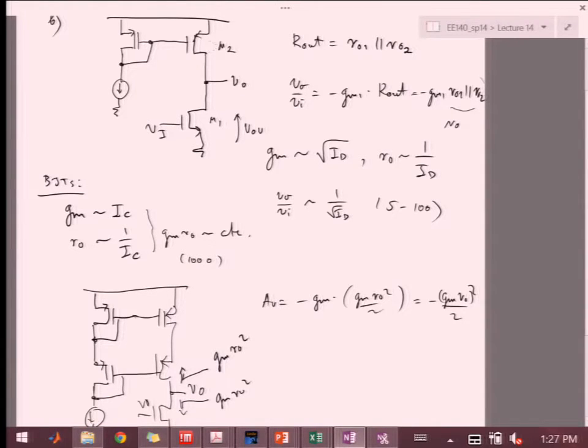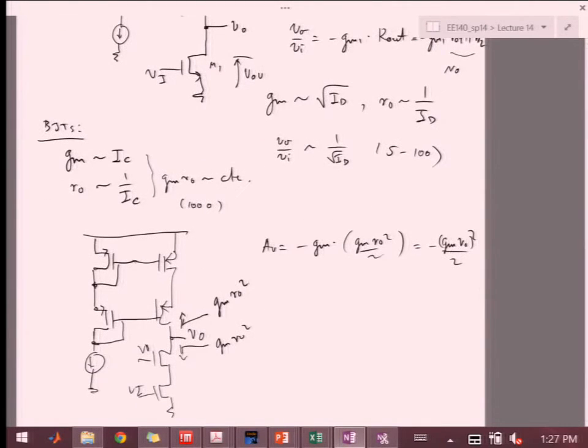Yeah, so this one, well, I'm talking about this device. Yeah, there's a VOV here as well, right? So this is kind of the largest swing I can get out of an amplifier, but I don't have much gain.